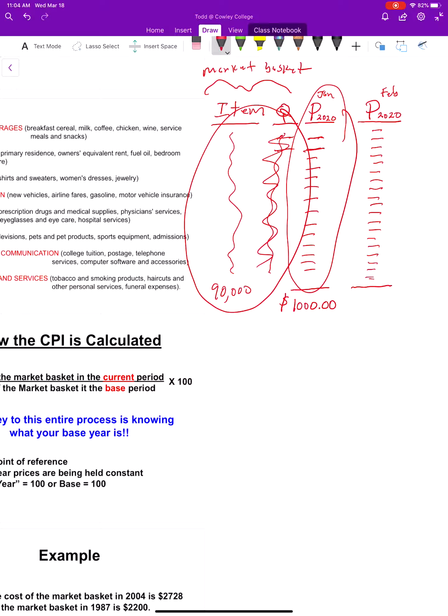Then they will take their quantity and multiply it by the new price, and let's say when they get done, this same market basket in February of 2020 will now cost $1,020.10.